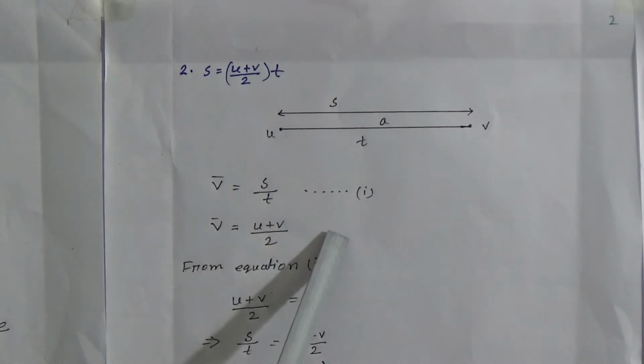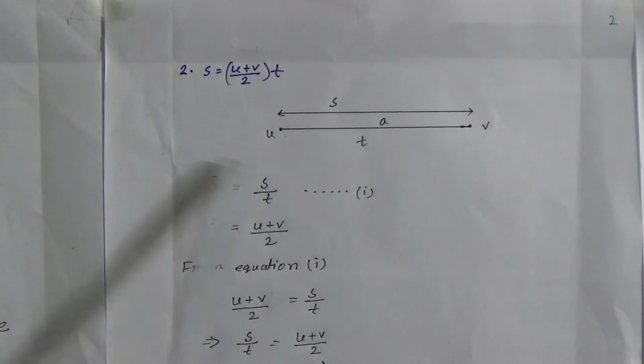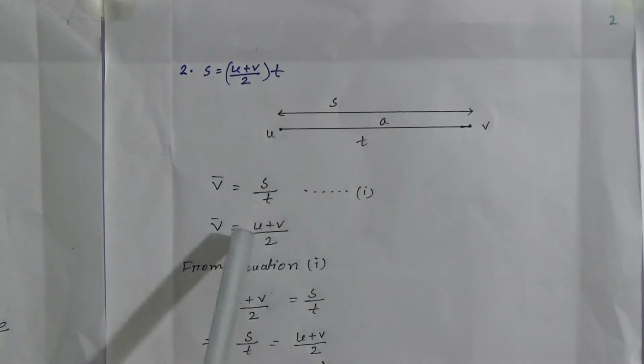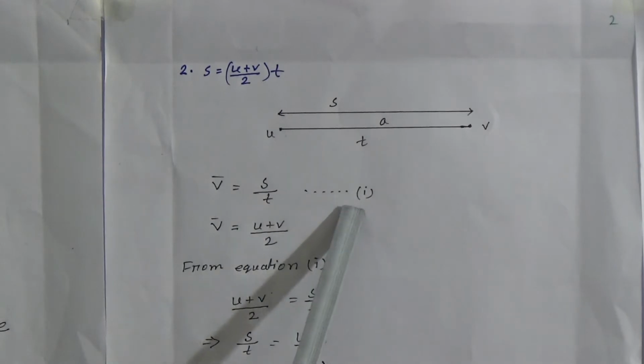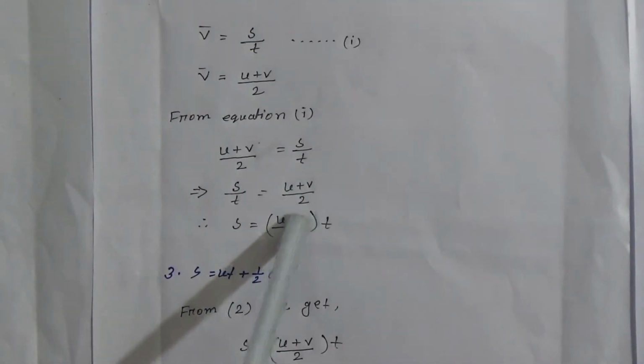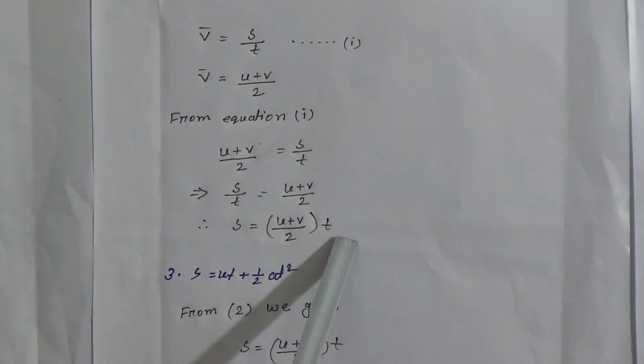This is equation 1. Putting the value of v bar into 1, we get (u plus v) by 2 equals s by t. After calculating this, we get s equals (u plus v) by 2 into t. This is the second equation of motion.